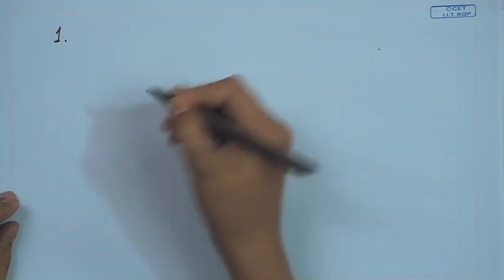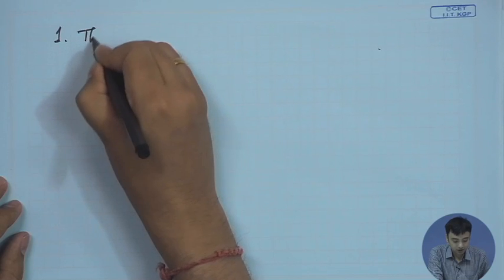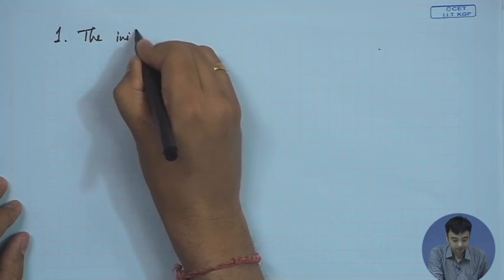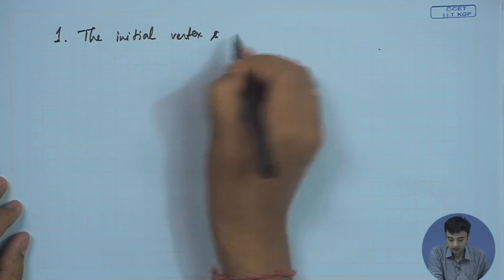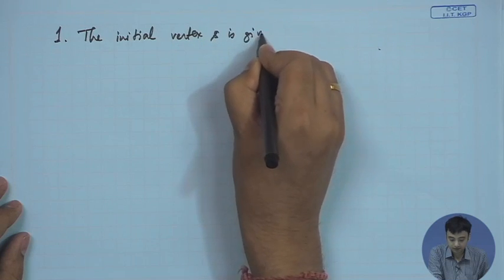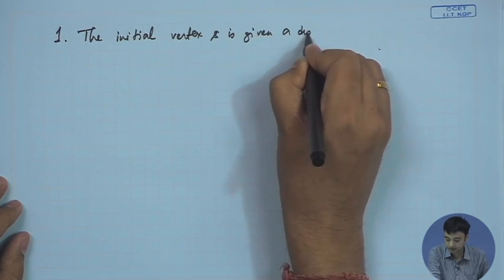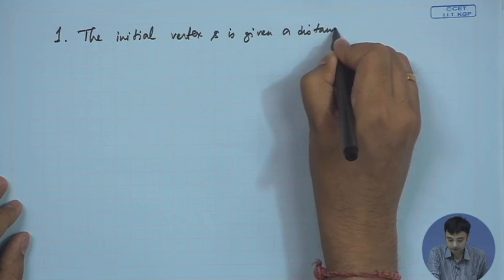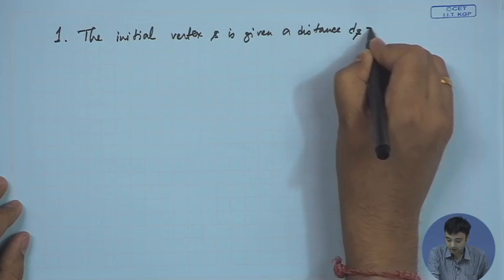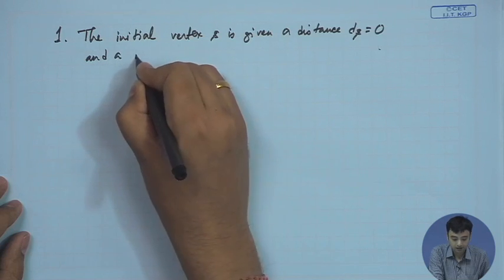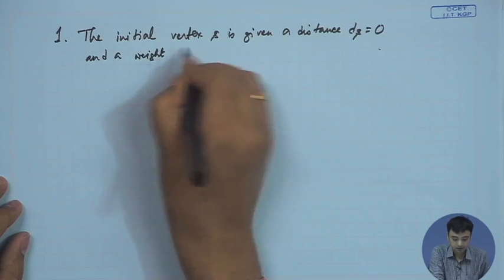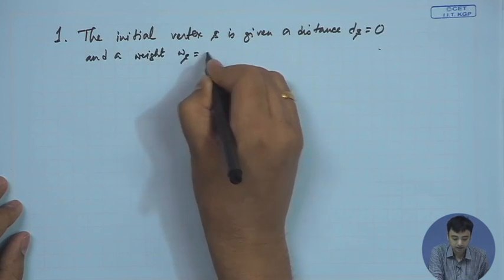The first step is as follows: the initial vertex S is given a distance ds equal to 0 and a weight Ws equal to 1.